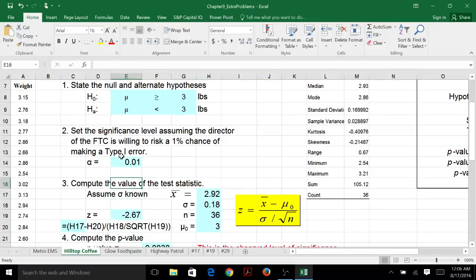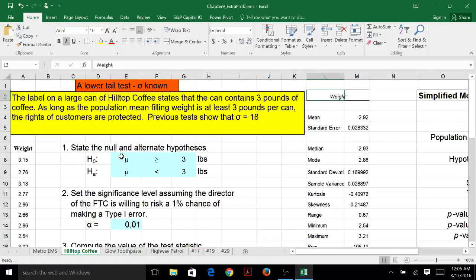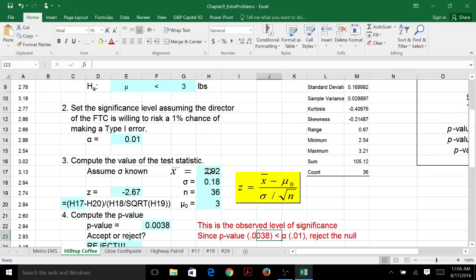From this value over here, I've run our scripted statistics tool and got a sample mean of 2.92. This should be a sigma value of 0.18 here. And we will use the 2.92, compare it to 3, with this as our sigma, and a sample size of 36. And all that information comes down here.